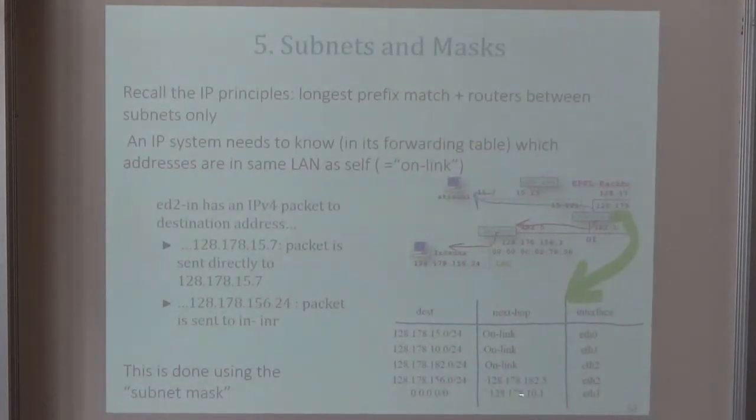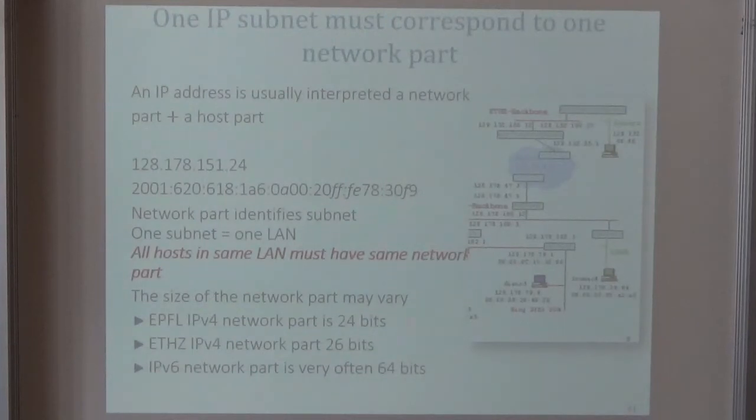And everything else has to go to the interface 10.1, which is something here on the backbone of EPFL. So that is an example that I'm repeating of IP forwarding. And of course, the use of subnetwork and mask is to implement this principle that one IP subnet must correspond to one network part.